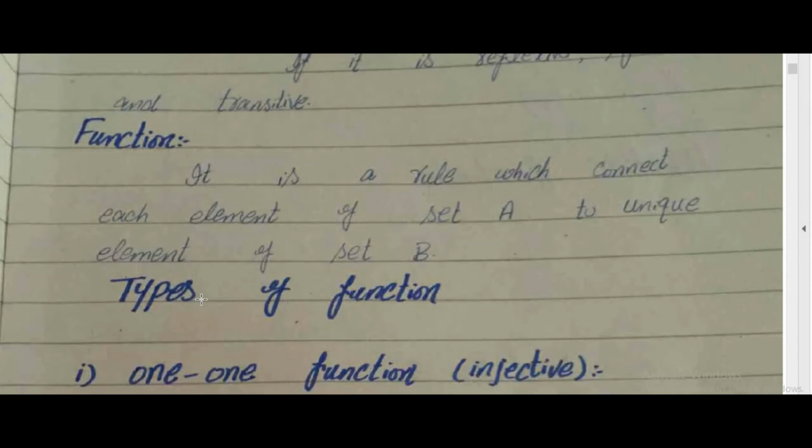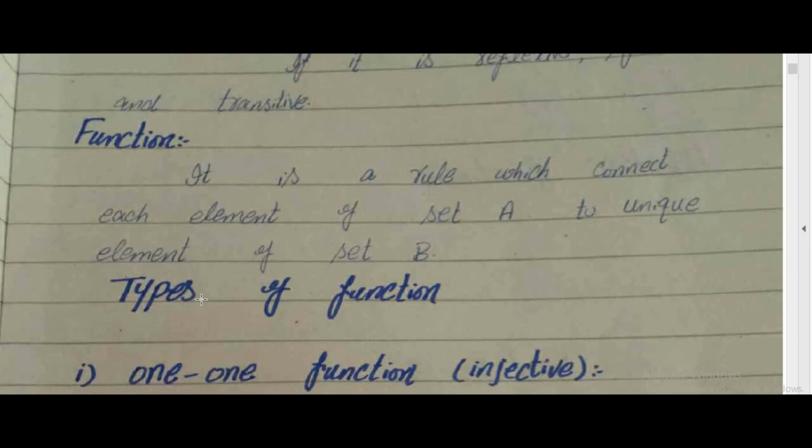Okay, next we have another important topic, and this is called the function. It is a rule which connects each element of a set A to a unique element of set B. A function is a kind of relation or connection in which we have two sets A and B, and between sets A and B there is a connection.